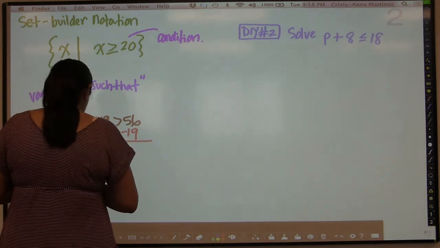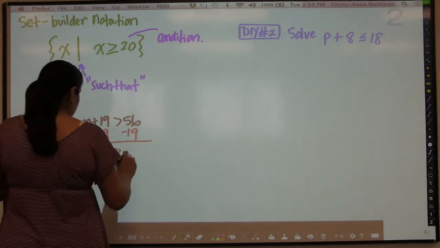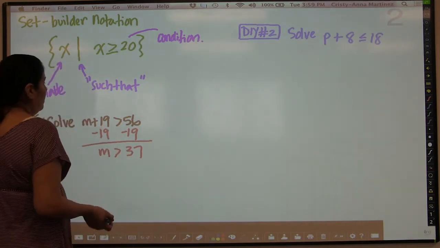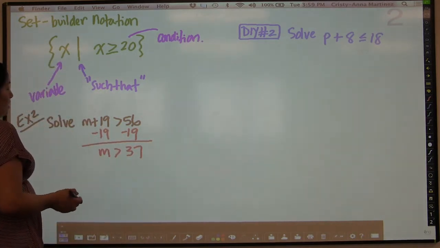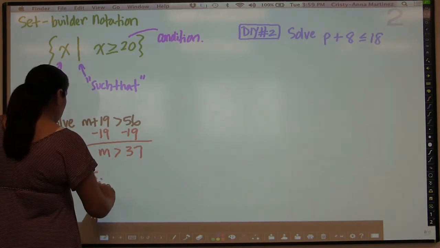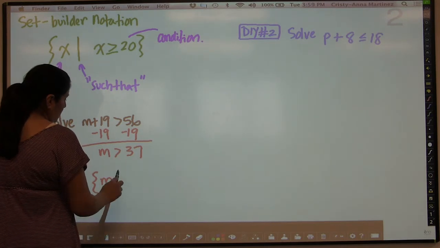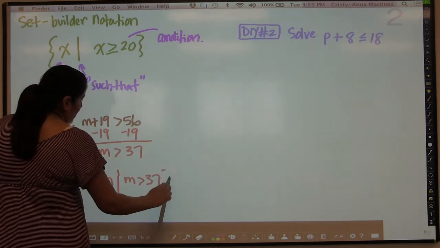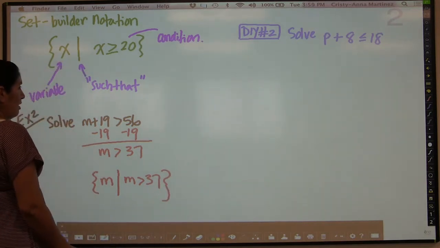And I'm going to confirm that. 37, sorry. Okay, but we also want to put this answer in set builder notation. So we're going to say that the answer is the set of all m values such that m is greater than 37, and that would be our answer.